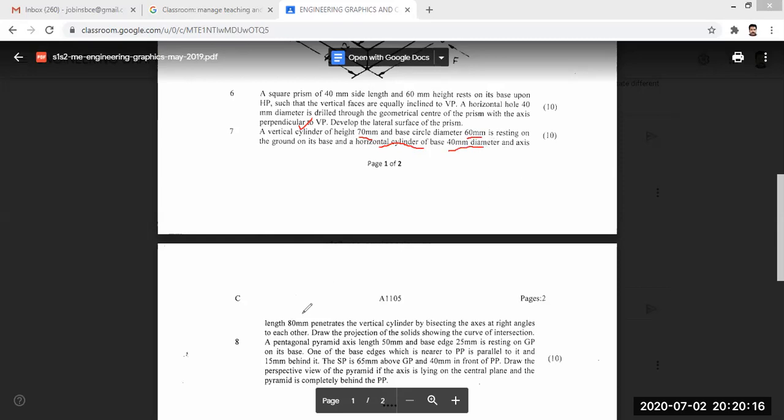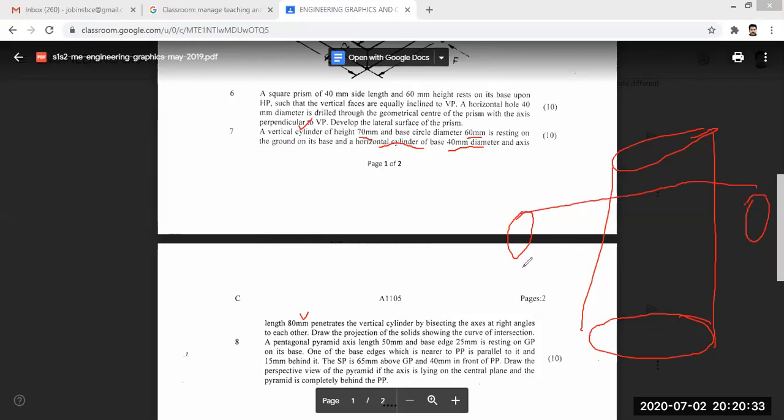Diameter is 40 and the height is 80. Okay, so I will draw a rough figure. There will be one vertical cylinder and one horizontal cylinder. So this is the vertical cylinder and this will be the horizontal cylinder. So you have to create this object in Fusion 360. This is the next assignment.